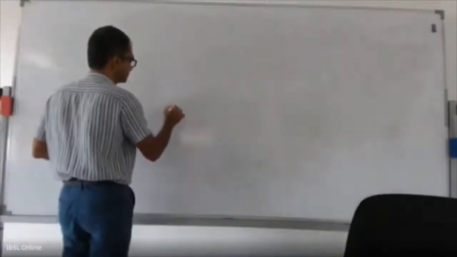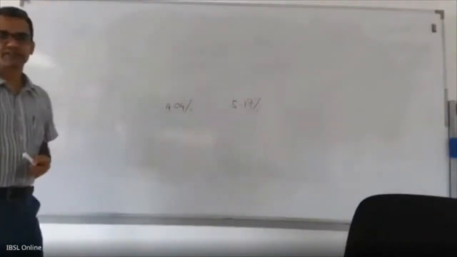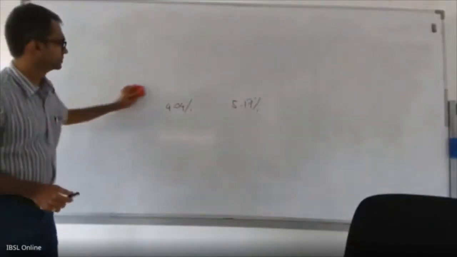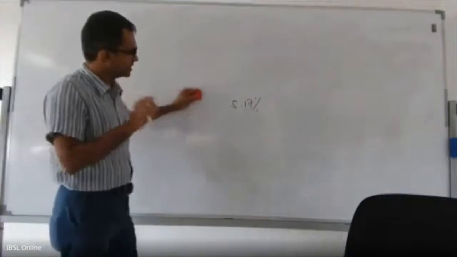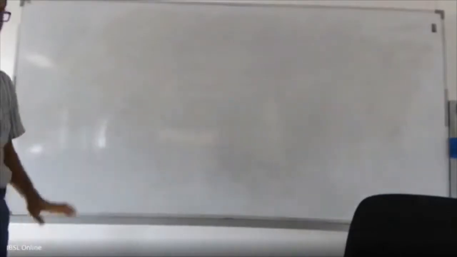Indeed, this 4.04% is the yield. So that's the rate of return, no? Yes, 5.17 is the yield. Rate of return is same as yield. But you can use either one to discount. We'll come to that. Before we go into that, we'll understand this a little bit further.